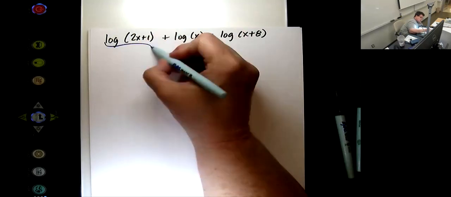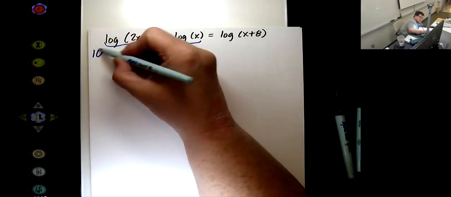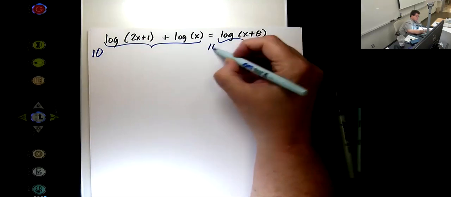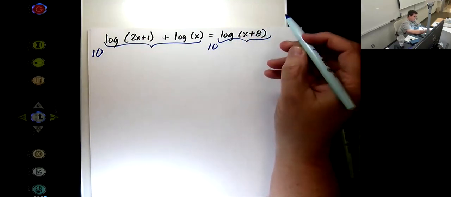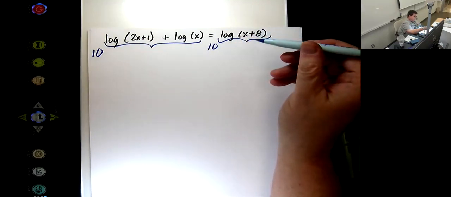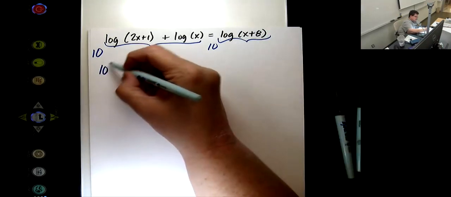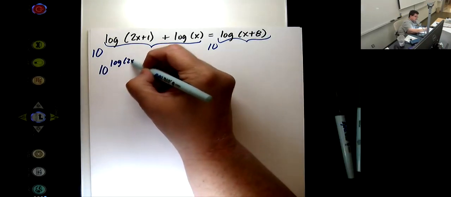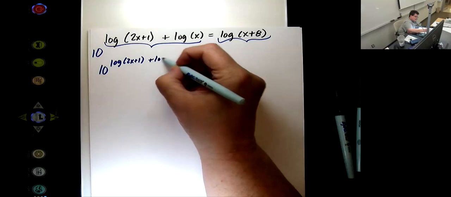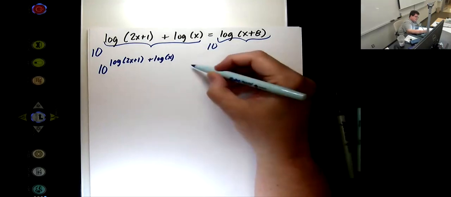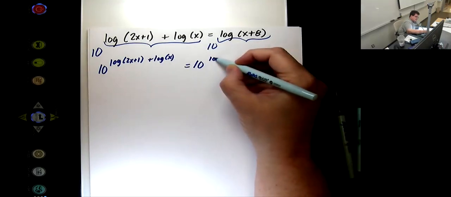And just raise the whole thing to the power of 10. So I have 10 to the log of 2x plus 1 plus log x equals 10 to the log of x plus 8.